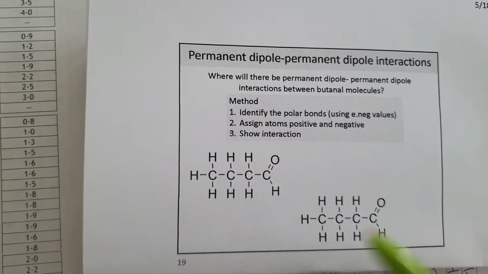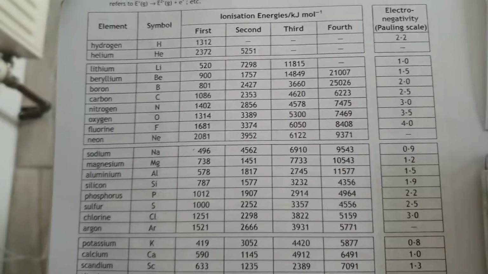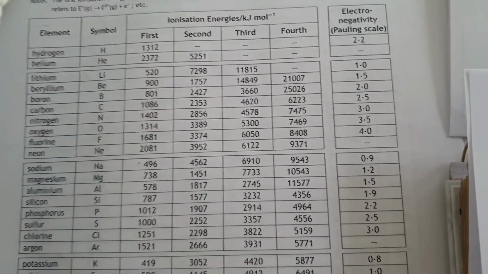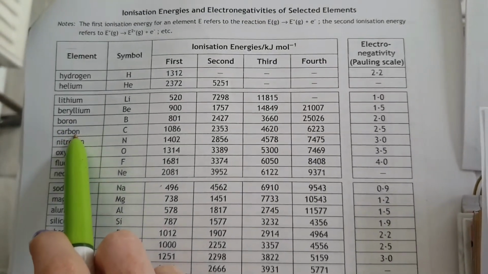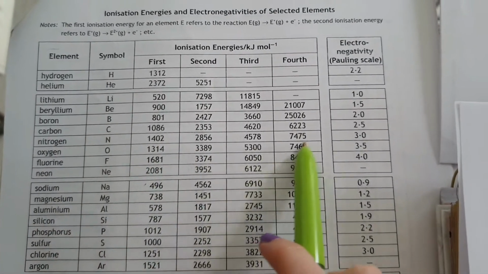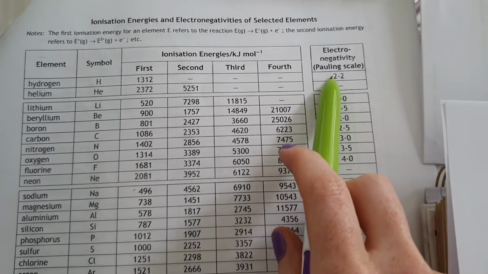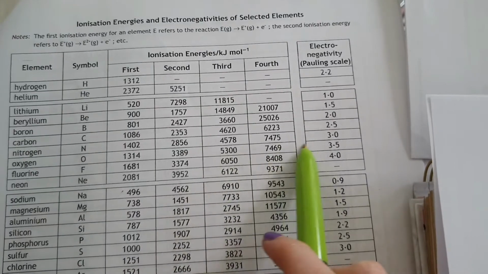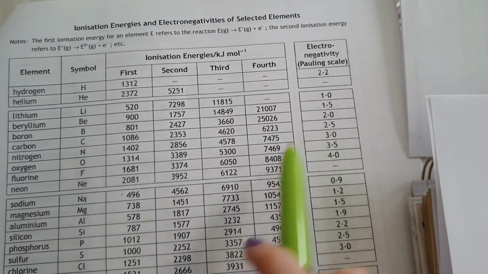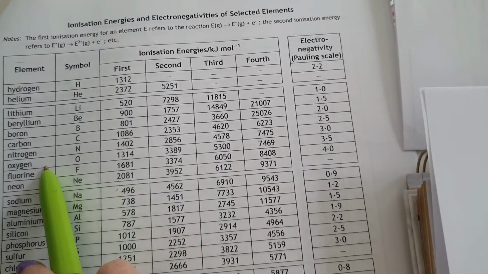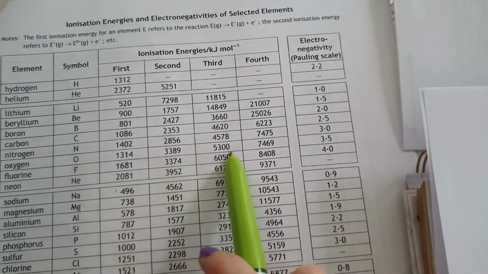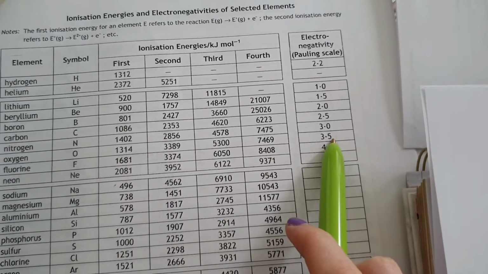Now, what we can do is double check there is actually a difference and that they are polar bonds. So if we go to our data book, you will see carbon, which is here. You can ignore all this middle section and you're just looking at electronegativity, which for carbon is 2.5. Oxygen, you'll see is not further below, is 3.5.